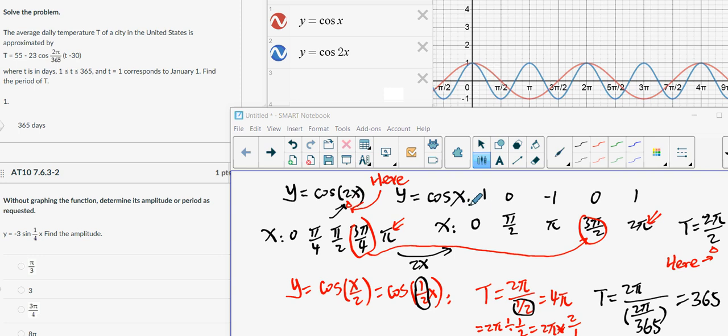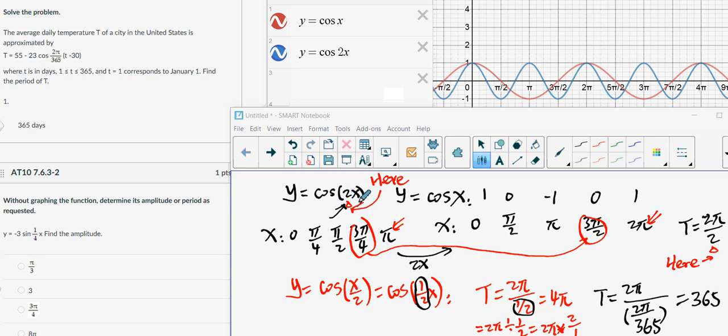Previously for cosine, it reaches the values 1, 0, negative 1, 0, 1 at the points 0, pi over 2, pi, 3 pi over 2, 2 pi. At 0 it's the maximum, at pi over 2 it's 0, and at pi you have negative 1, and then it goes up.